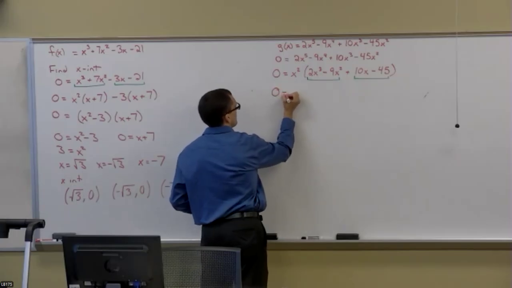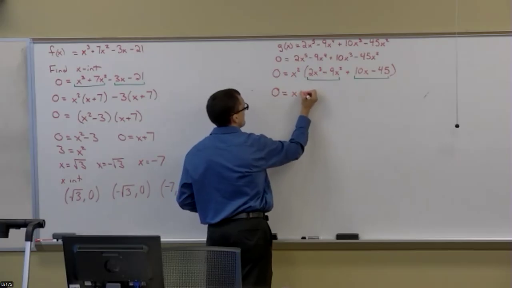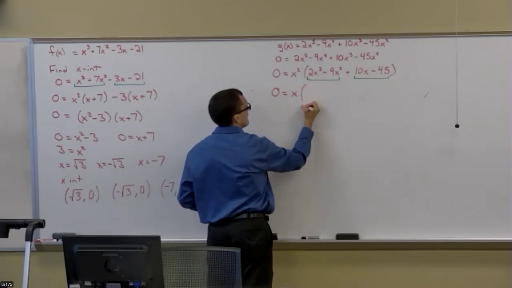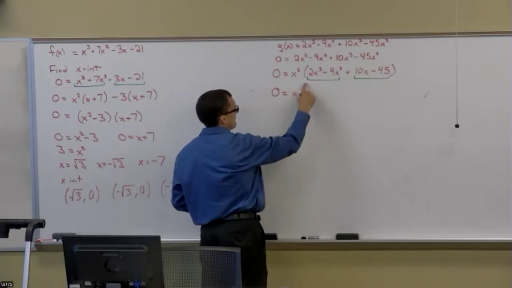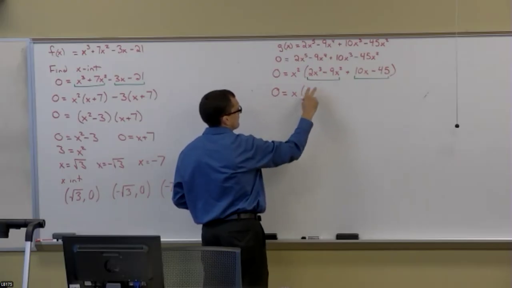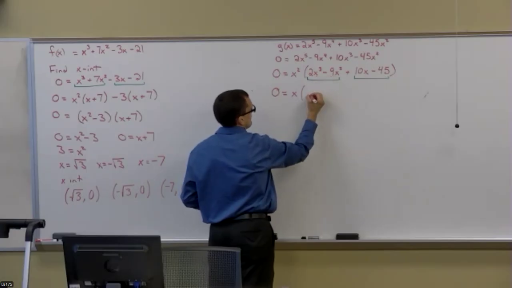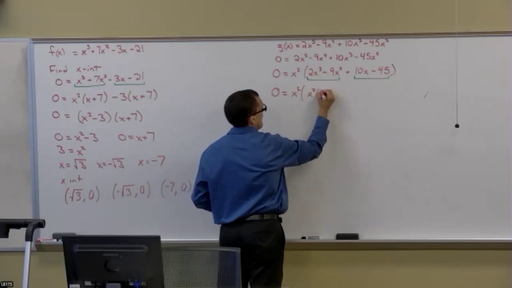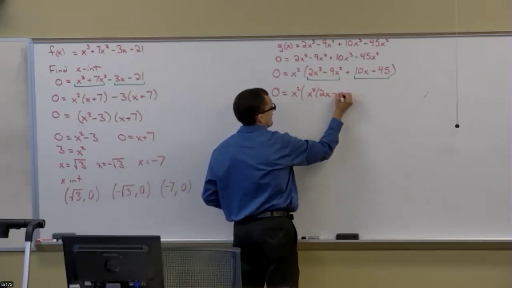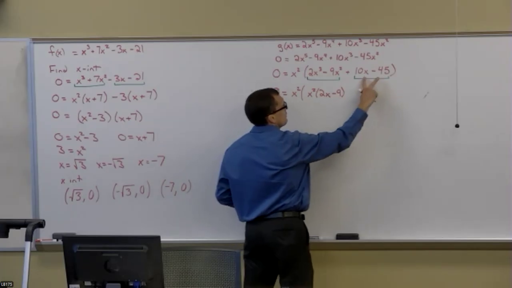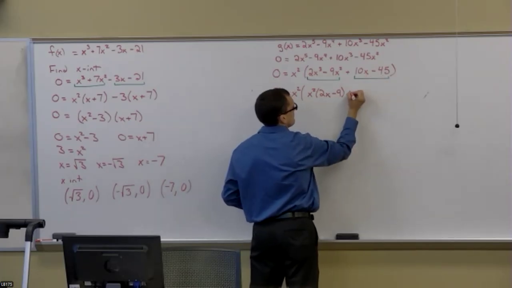Again, this won't work every time, but in this case it does. Now be careful, if you want to write this as a bracket so you know what's going on, that's fine. When I factor out the greatest common factor, that'll be x squared, and I'll be left with 2x minus 9. The greatest common factor here is 5.